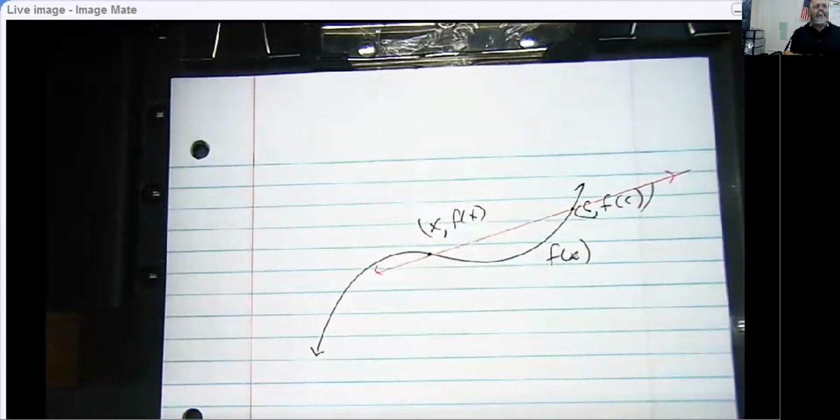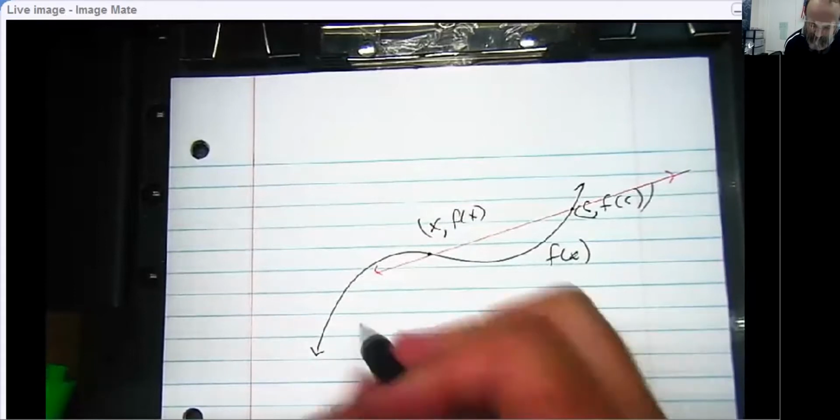So from your days back in Algebra 1, Math 2, Algebra 2, how did we find slope? What was that magic formula you learned? It was y2 minus y1 over x2 minus x1. Now, this is kind of strange, so just follow me how this works.